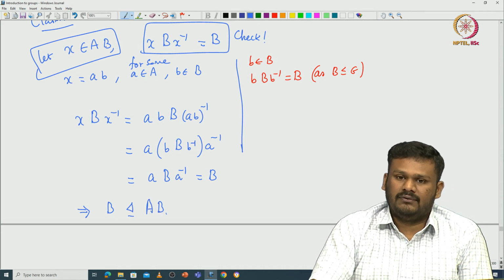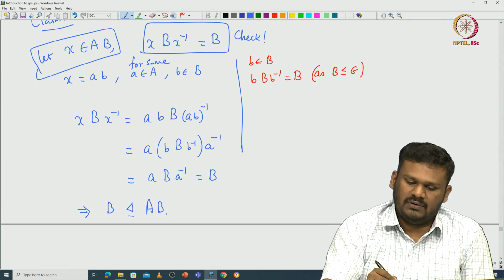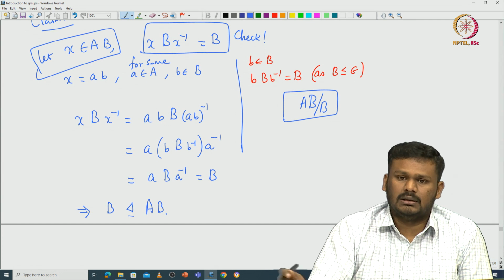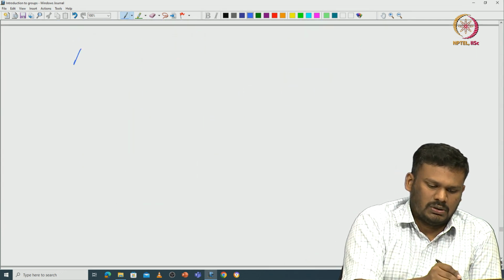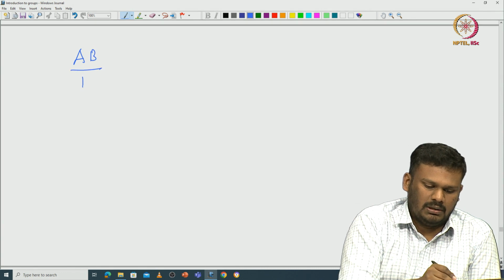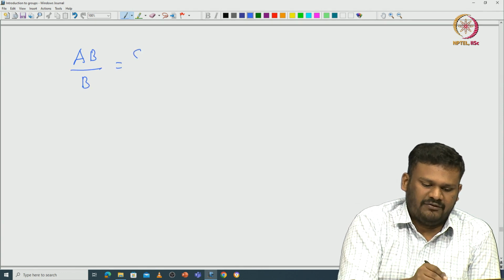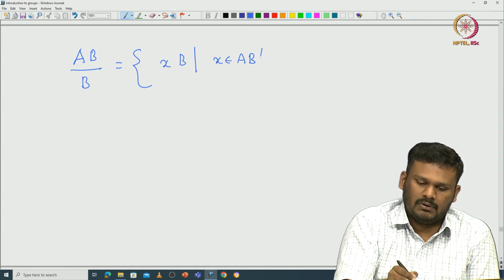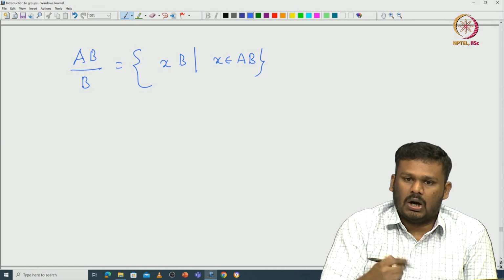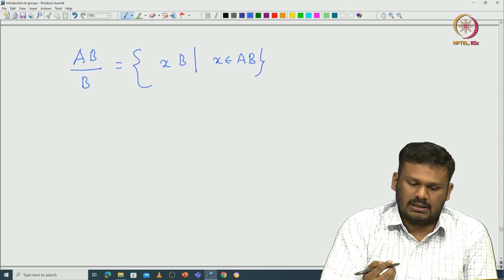In particular, we can talk about the quotient, AB modulo B. Let us look at what the quotient looks like. By definition, this is going to be the set of xB, x in AB. But how does a given x in AB look like?